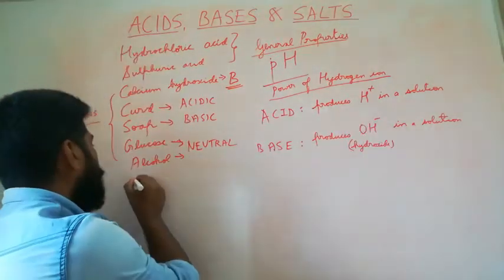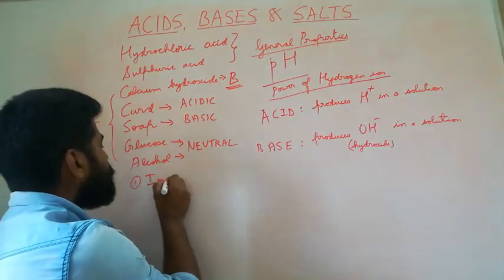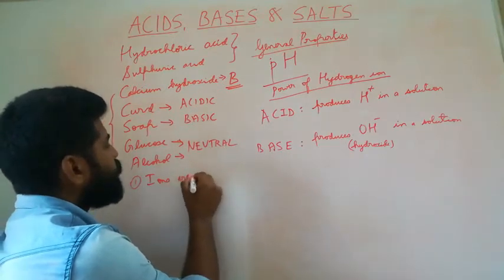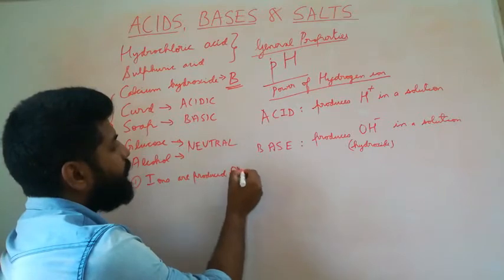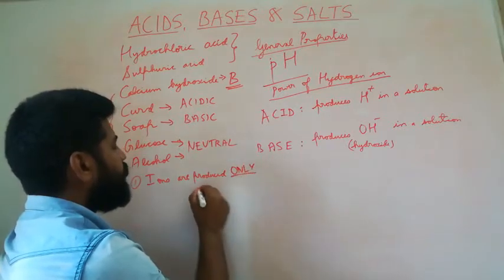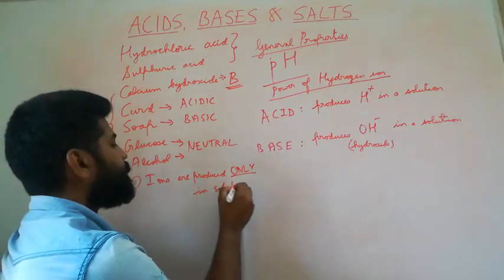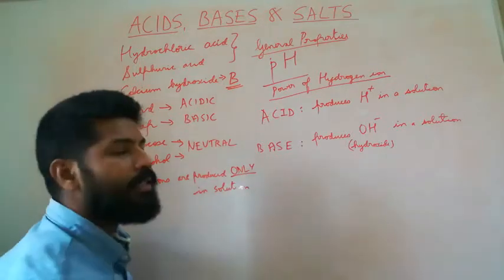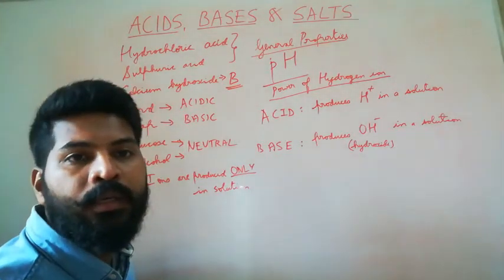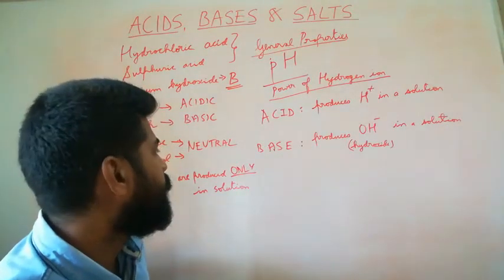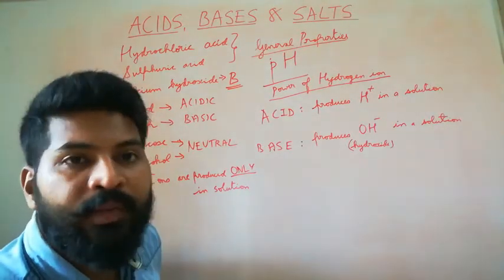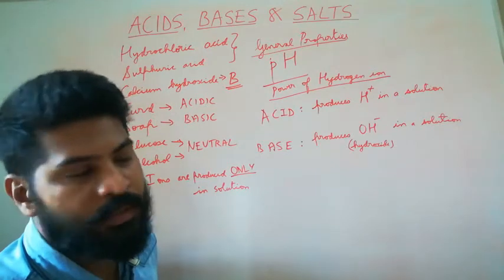Two things. One, ions are produced only in solution. That means they need to be mixed with the solvent, that is water, for example. Without the solution form, they will not produce ions.